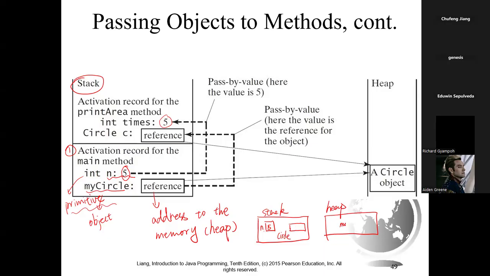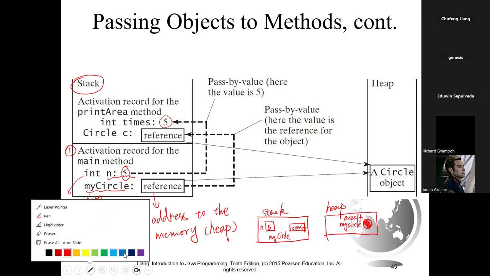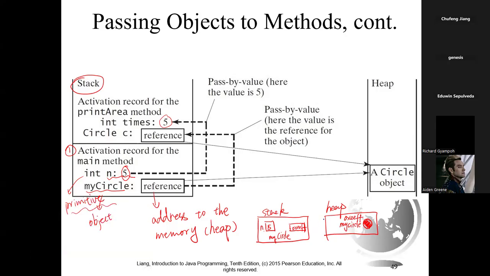MyCircle actually is here, and the address is 0xEEFF, right? And then we store the 0xEEFF there. Okay, I think I should use another color. As you can see, here we just store the address, which is referring here.